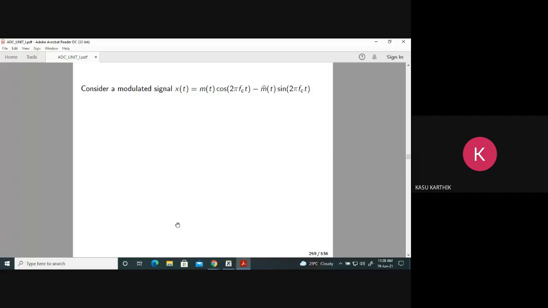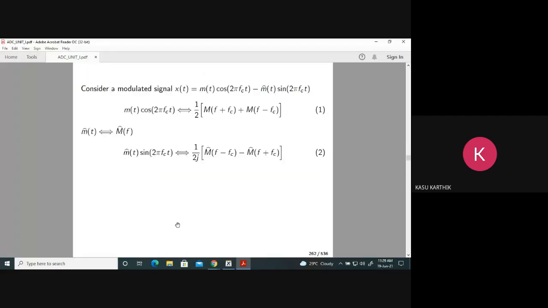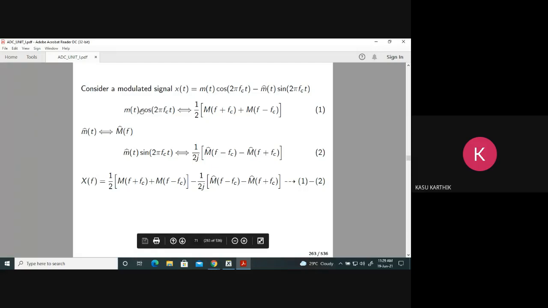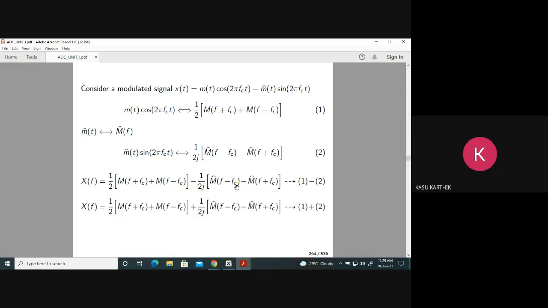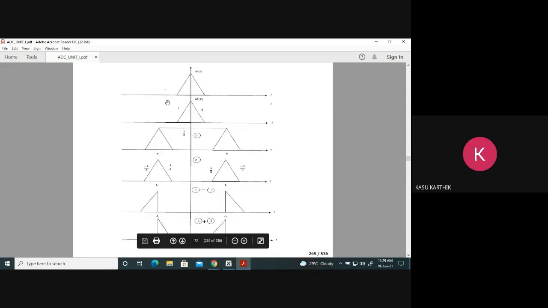Okay, so here I have shown one method. I have taken m of t cos 2 pi fct Fourier transform. I have taken m hat of t sin 2 pi fct Fourier transform. I have taken in frequency domain. If I subtract these two, what do I get? If I add these two, what do I get? This is a diagram. This is m of f. This is m hat of f. So this is the first equation. This second equation.